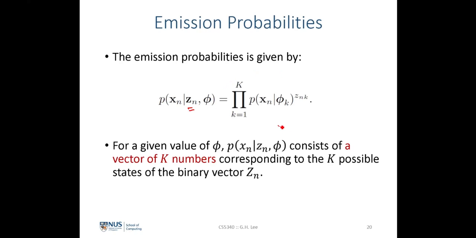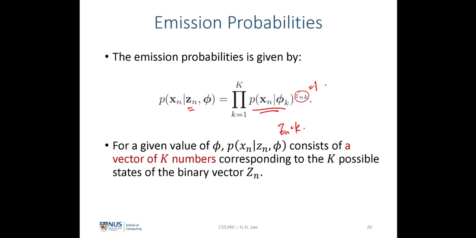Now suppose that zn over here is going to take the k-th state, then this term is going to be equal to 1, and the probability distribution of xn is going to be given by the parameter phi k over here, and all the other terms are going to be 0.